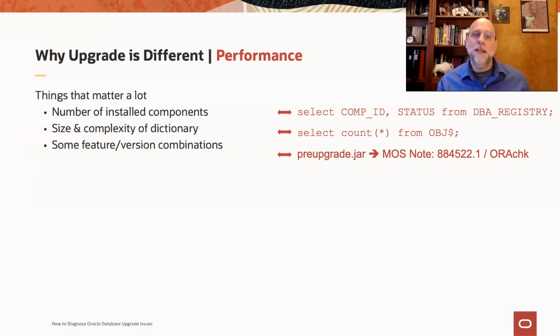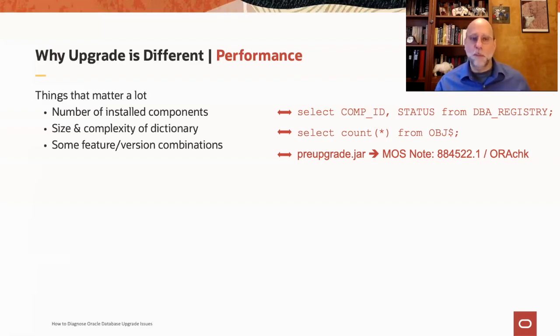Now, when you run into that kind of thing, what we will do is warn you about it in the pre-upgrade or in the AutoUpgrade analyze phase. And we will often have fix-ups that are available for you to run before you get to the stage of upgrading your database. In other words, you can fix that issue before it occurs by running a script, say, on your production system while it's still up and running.